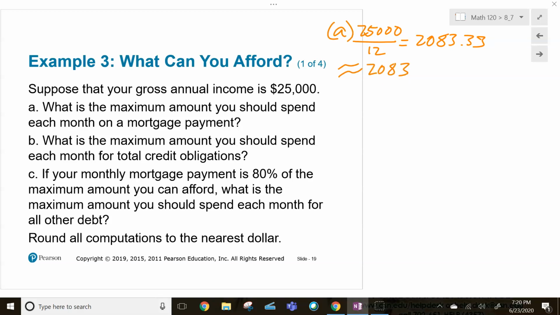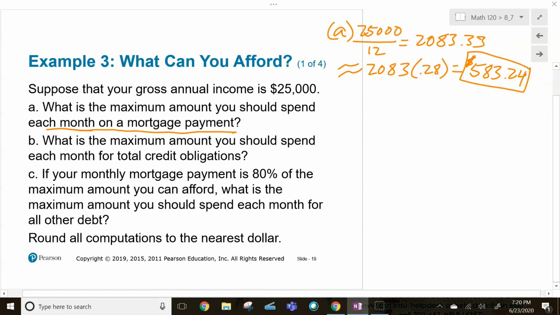And then each month, that's your gross amount that you have money coming in. Mortgage payment, 28%. So let's multiply by 28%, the recommendation. So we have 583.24. About how much you have in this scenario to spend on a mortgage payment.